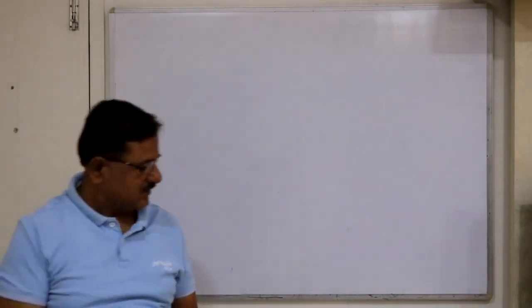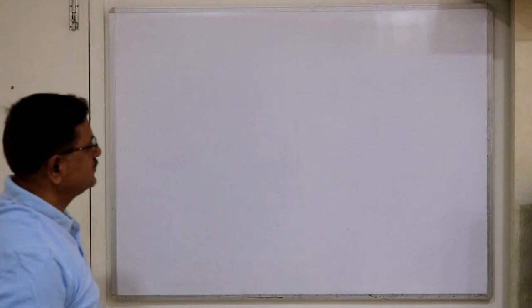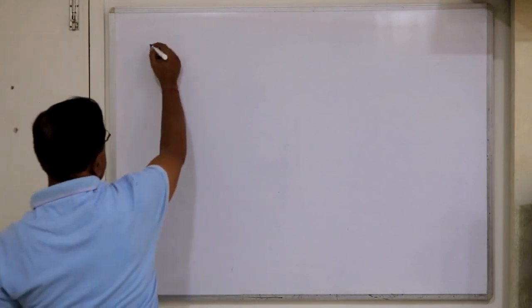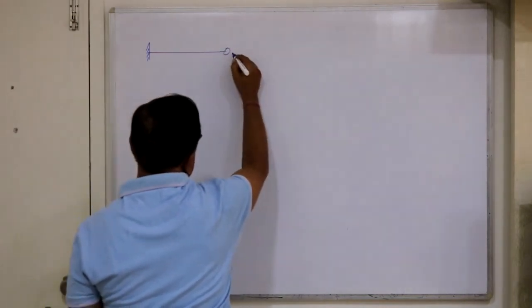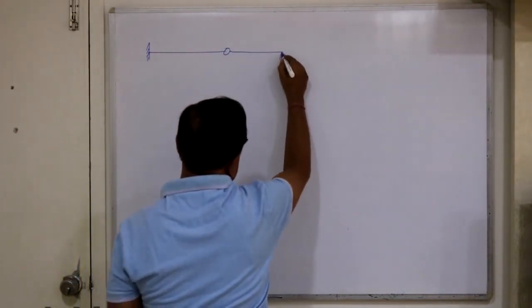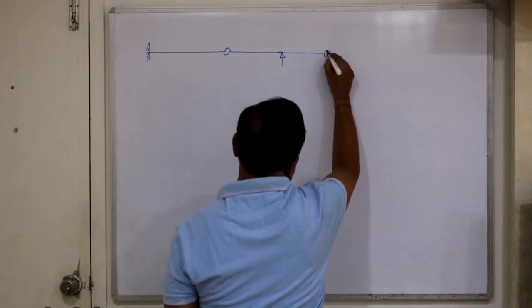So now take down one problem and complete the ILDs. Say you take fixed here, then an internal hinge, then you take a support, then you take another hinge.